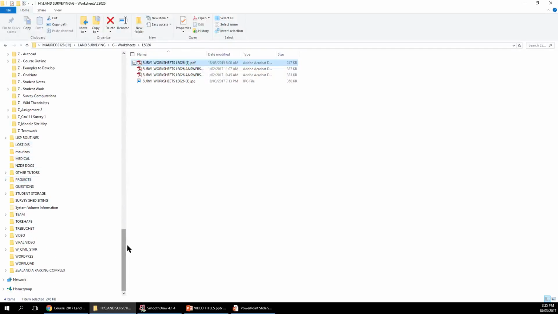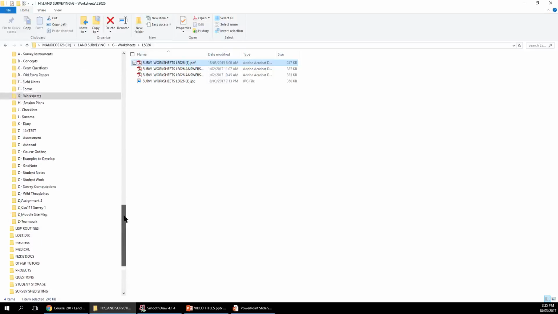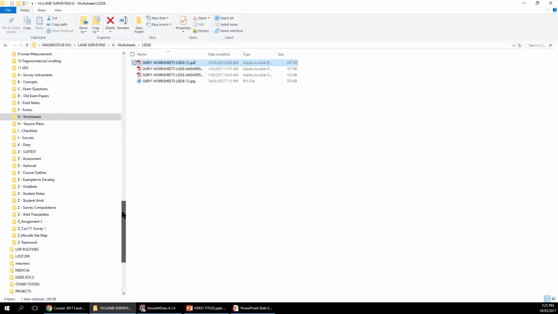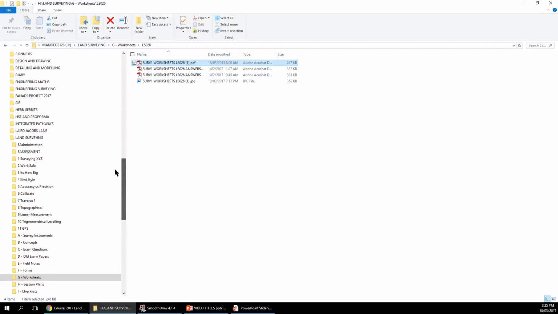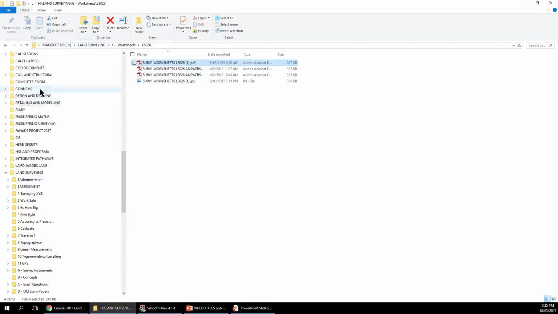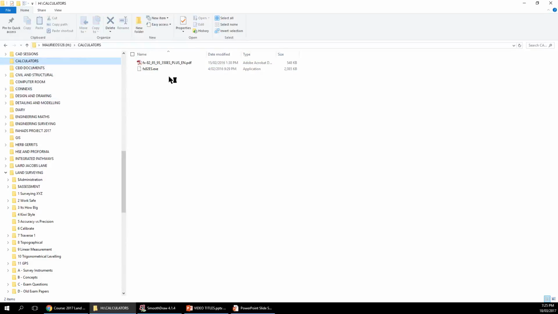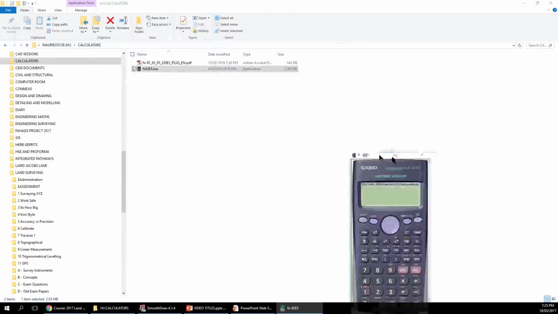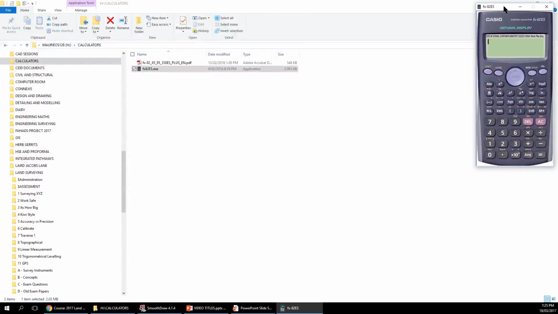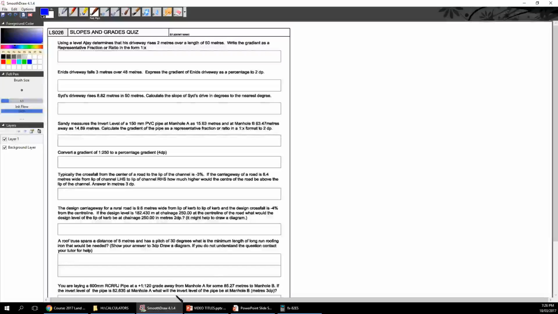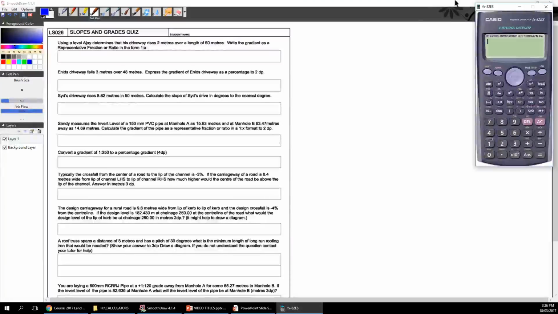This is a Casio FX82 calculator that I downloaded at some point from the internet, just a little executable file. There's my calculator popped up on my second screen, and I'm bringing it across here. Now back to Smooth Draw, and there it is, ready in case we need it.